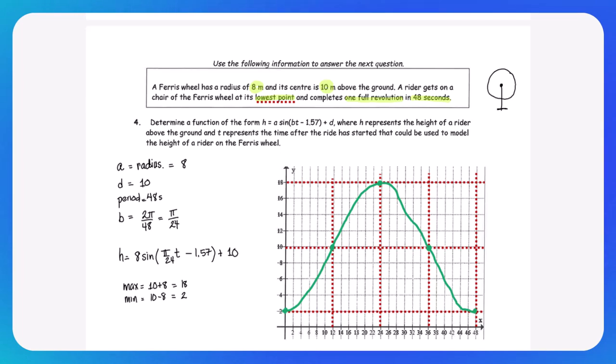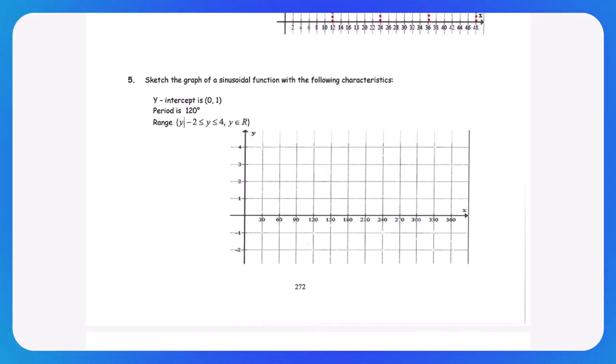Let's go on to the next question. Now, so far, we've been given a lot of questions that are in context. This one actually is not given a context. In this one, we've been just given some information, and we're being asked to graph this thing here.